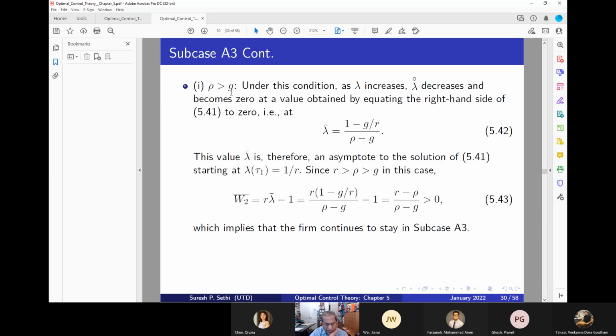Let's take the first case first. Rho bigger than g. In this condition, it turns out that if you look at the lambda solution, it will increase, lambda circle will decrease, will become 0 at infinity, and the asymptotic value is given by lambda bar.